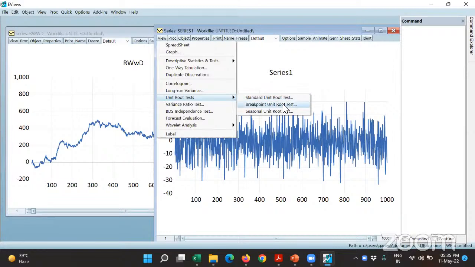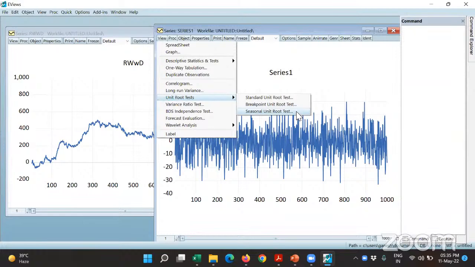The breakpoint unit root test handles a series suffering from a structural break. So if you have a structural break in your data set, you can opt for breakpoint unit root testing. And if your data set exhibits some sort of seasonality, then you need to go for the seasonal unit root test.